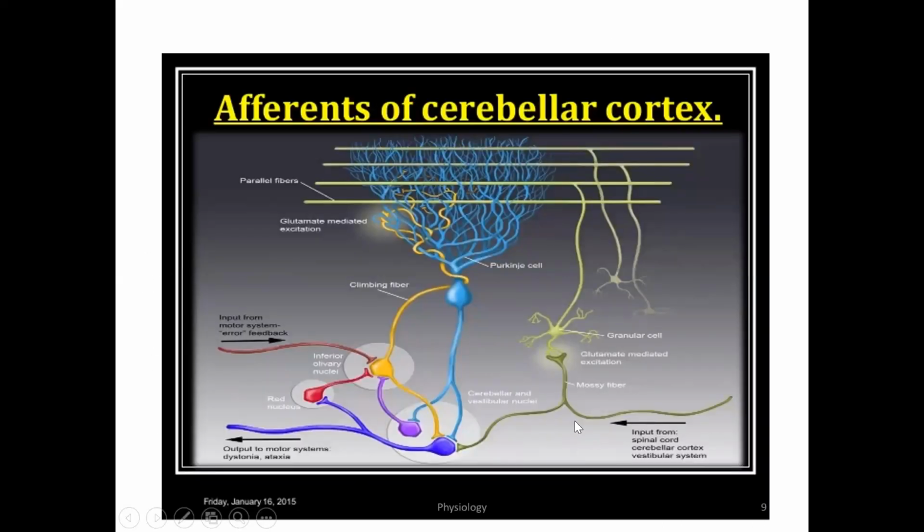So these are the mossy fibers, glutamate, and these are the climbing fibers, with direct connection to the Purkinje cells, while the mossy fibers first connect with the granular cells, and these granular cells give rise to the parallel fibers, which in turn connect to the dendrites of the Purkinje cells.